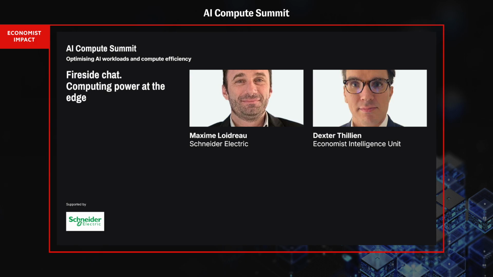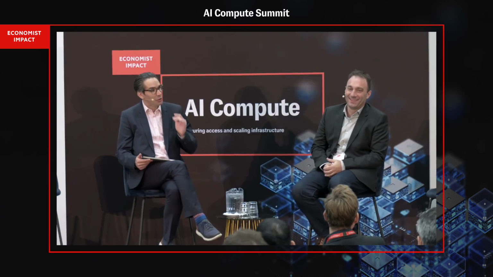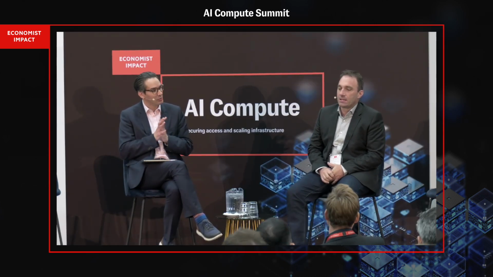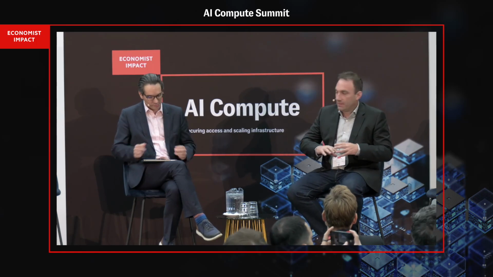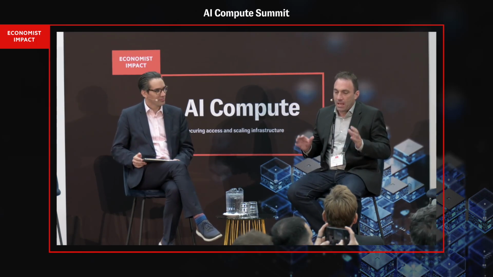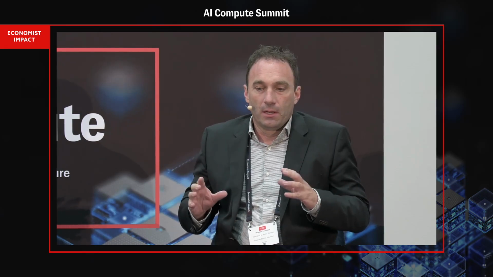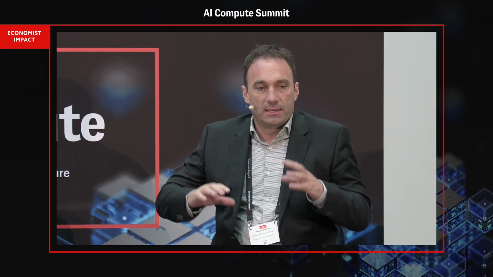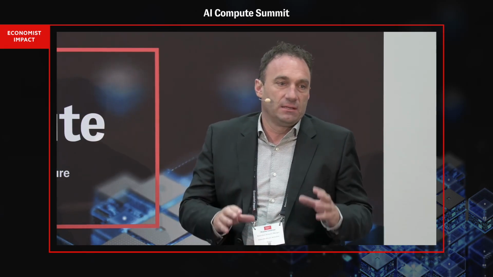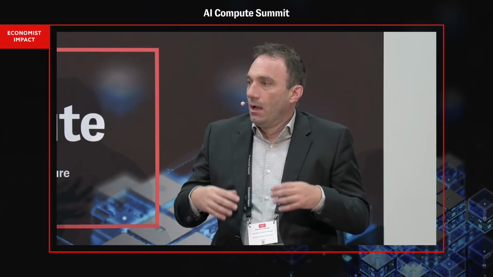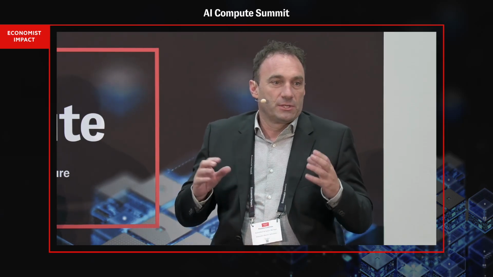So maybe before we start talking about what you're doing at the edge, can you explain what the edge is in a very few words, just in case not everybody in the room knows what it is? So we could fill the full Wikipedia page with it, but for the sake of this session, we will use Edge AI as AI running in physical devices, which are in a factory floor shop, which are in a building.